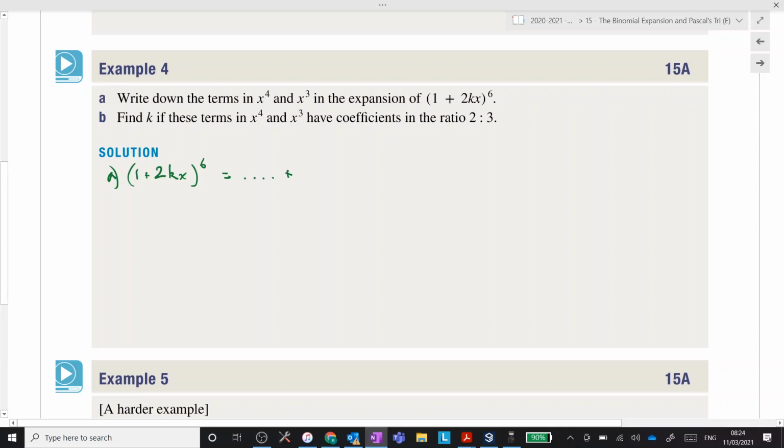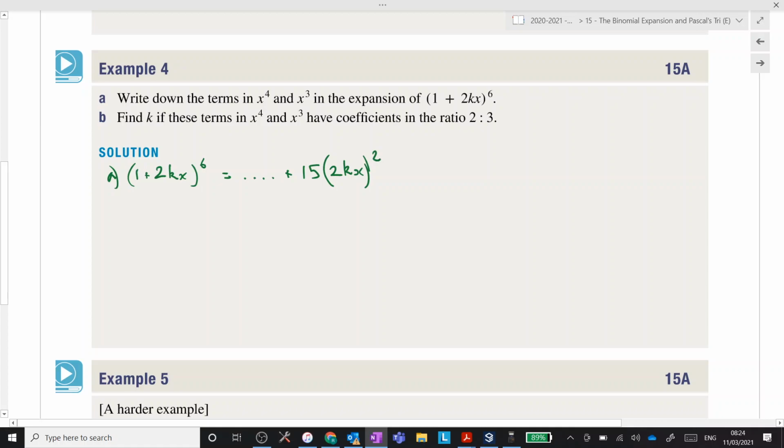Cool. So what's our coefficient going to be? No, sorry, what's our, Pascal? Ooh, close. 15. Times (2kx) to the power of, oh, sorry, that's squared. Why are we going to need to do that?